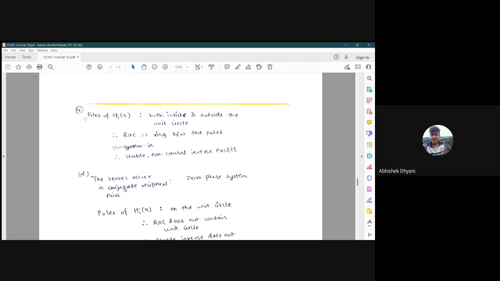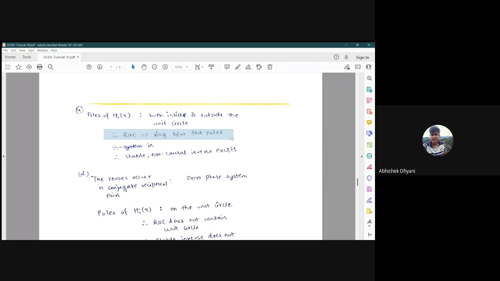Now looking at the poles of the inverse, all the zeros will become the poles for Hi(z), and they are lying both inside and outside the unit circle. In that case, we can select the region of convergence to be the ring between these poles.